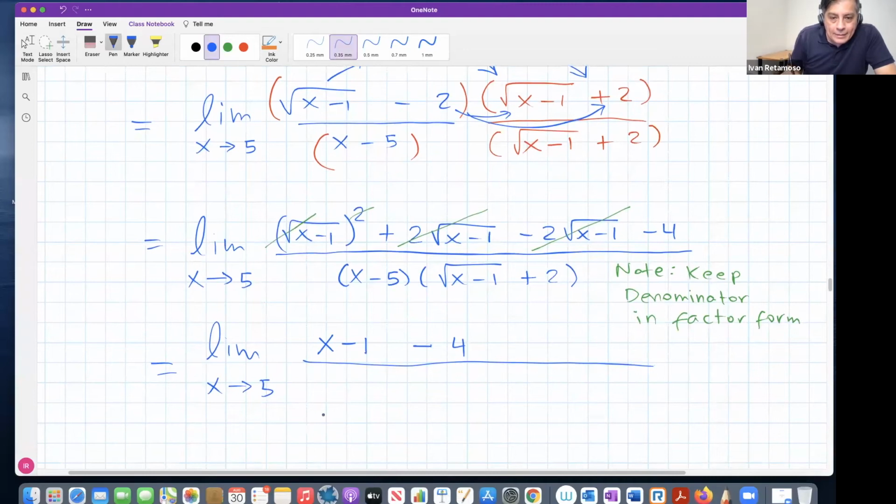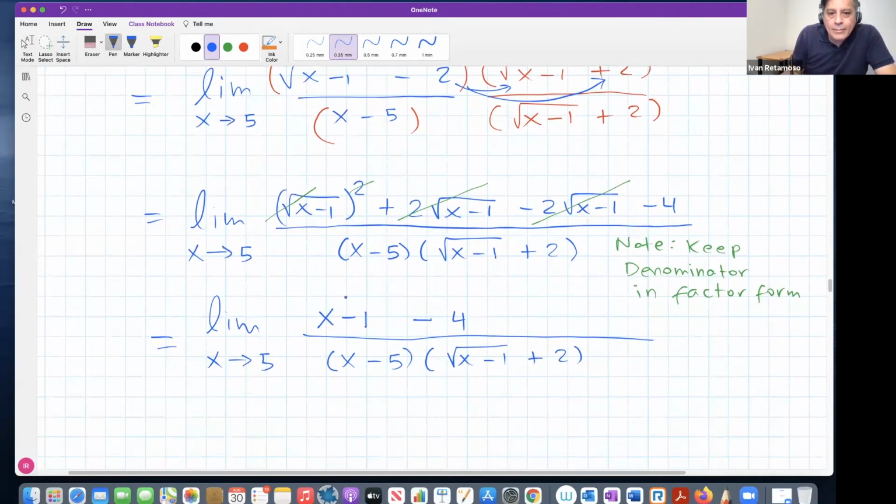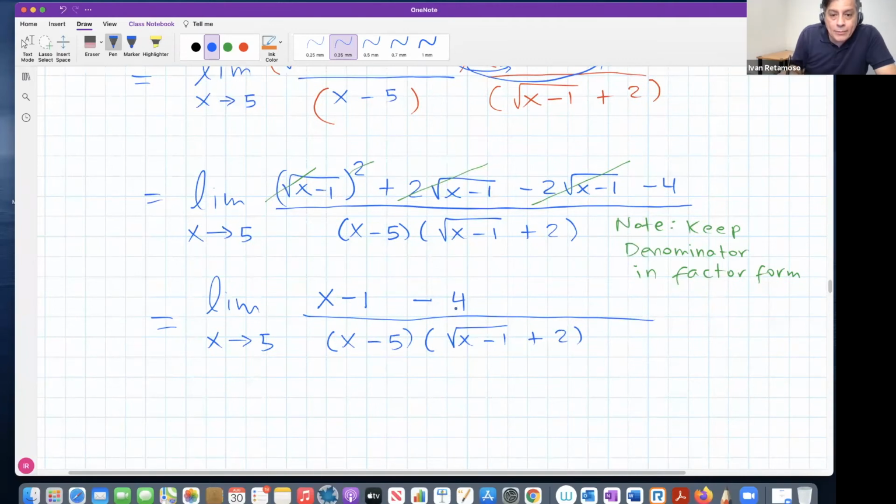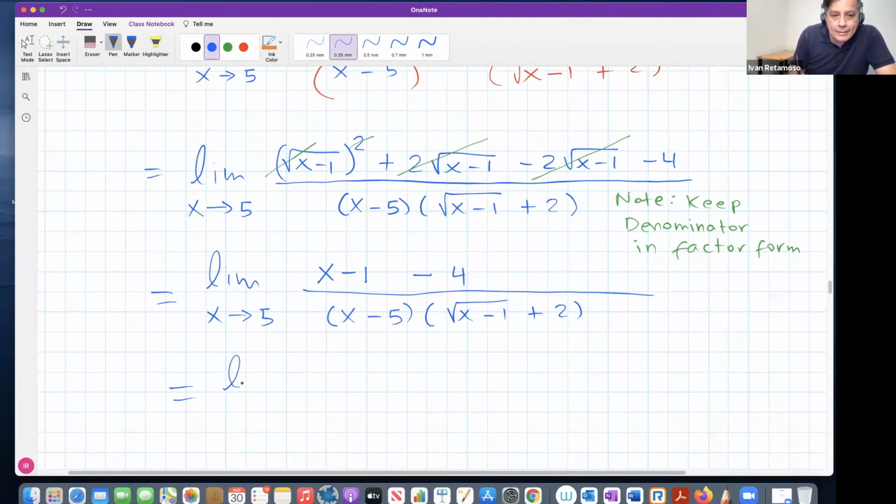Now, the reason why we keep the denominator in factor form is going to be shown next. Look, minus 1 minus 4 is, algebraically speaking, just minus 5, right? So this is x minus 5, right?